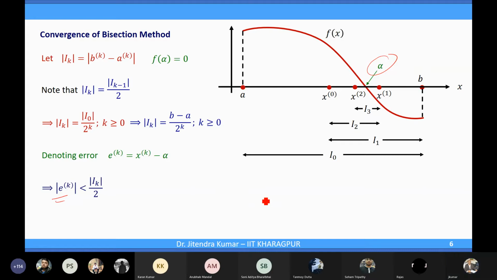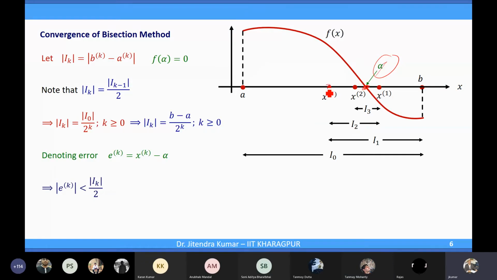What is I_0? I_0 is this whole interval. You have this alpha here. Yes, x_k minus alpha is only a part of the entire I_k length. That's why it is always less than half of it. So it will be somewhere there, like in this case, the exact root is here.